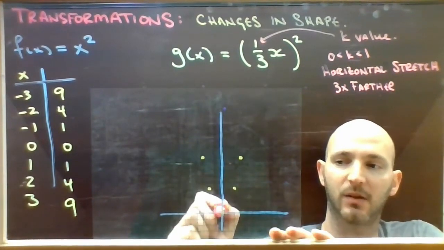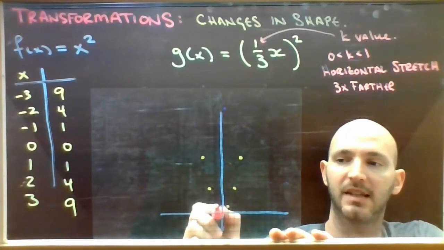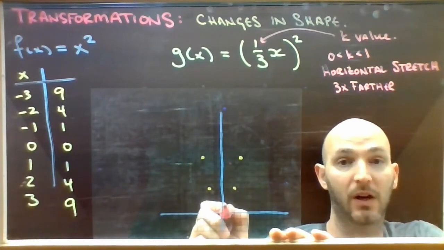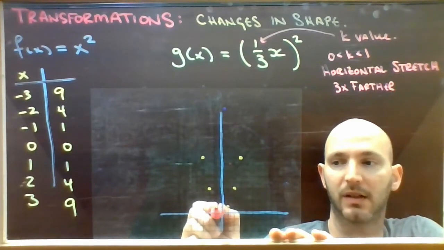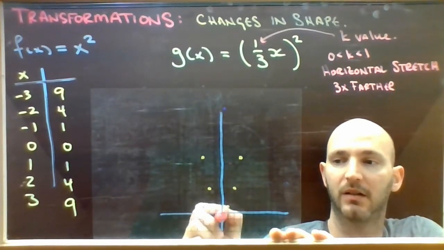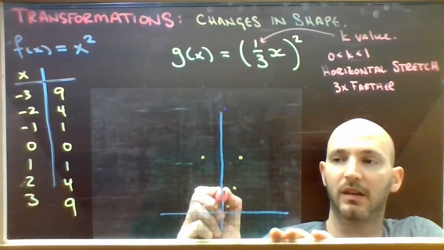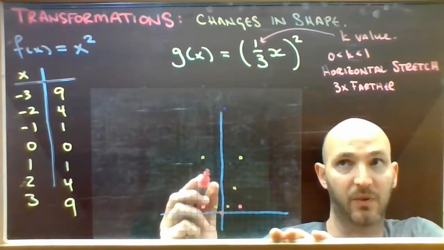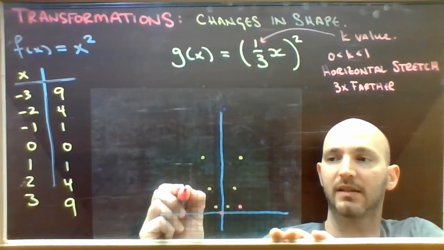So this dot is right on the y-axis. It doesn't go anywhere. These ones are both 1 square away. If you're 1 square away and I triple it, then you should be 3 squares away. So 1, 2, 3. 1, 2, 3. These two dots are 2 squares away from the y-axis, so triple that would give me 6. 1, 2, 3, 4, 5, 6.